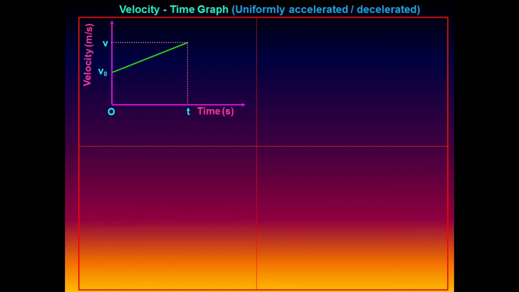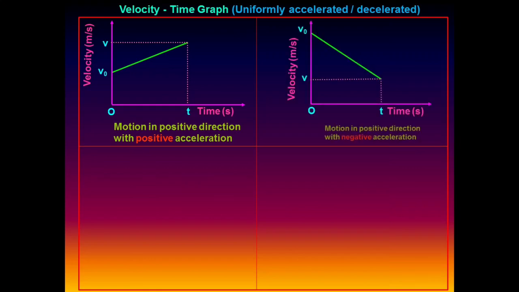The next one is for the negative acceleration, deceleration. Compare both diagrams: the motion is going in the positive direction, right? So the change in velocity by time interval, that is acceleration, is positive for that, and this one is decelerated, it is moving in a decreasing way, right?